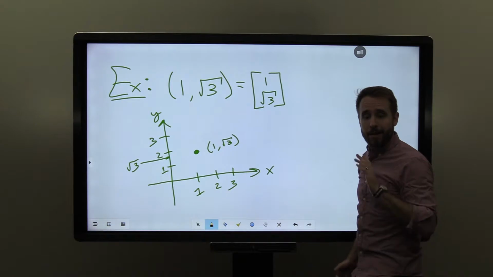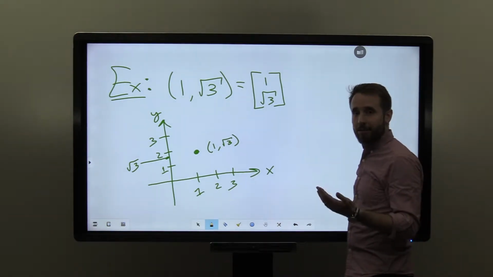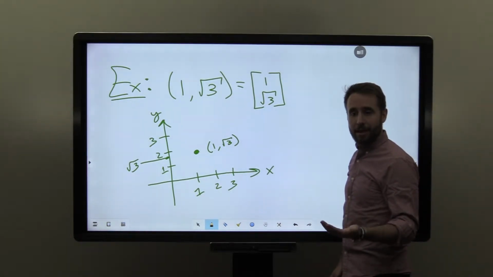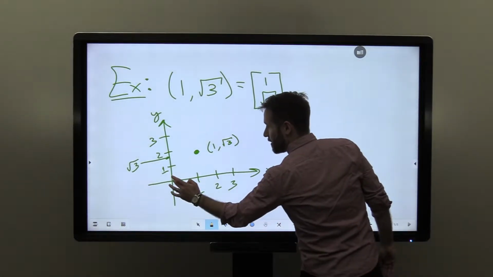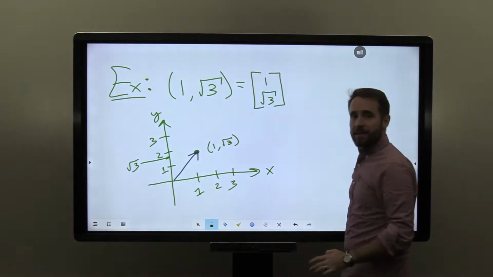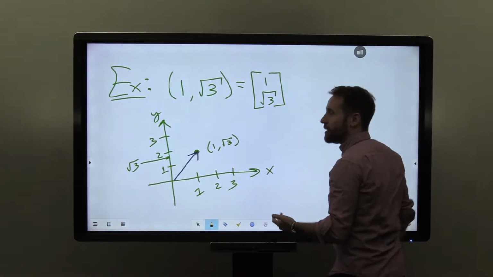An alternative way to think about vectors, like we said, is as an arrow with a certain length and a certain direction. And so we can think of it that way by thinking of this vector as the vector that's pointing from the origin to the point 1 comma root 3.